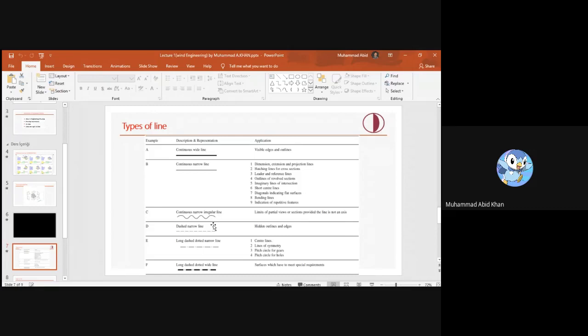Dashed narrow line. You can see this one, dashed narrow line, that is showing hidden outline and edges.